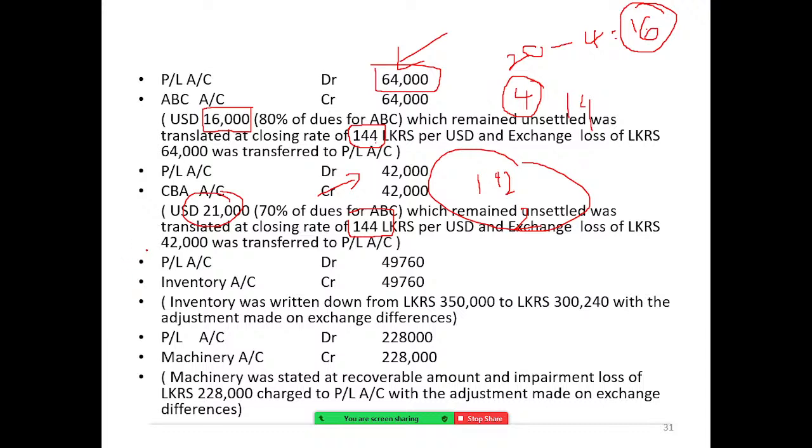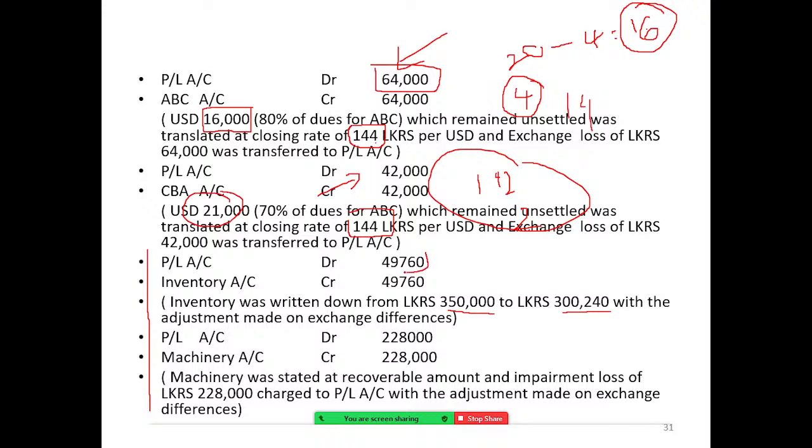And non-monetary items here. With regards to non-monetary items, so inventory was written down value how much? 350 to 324. So how much loss?